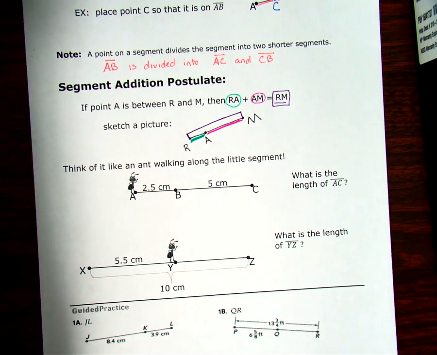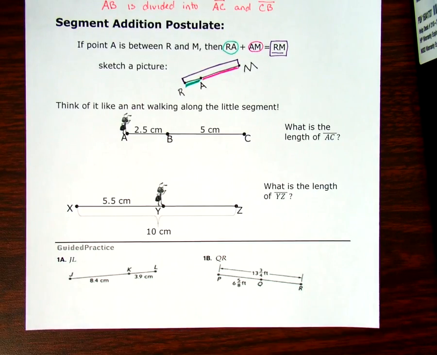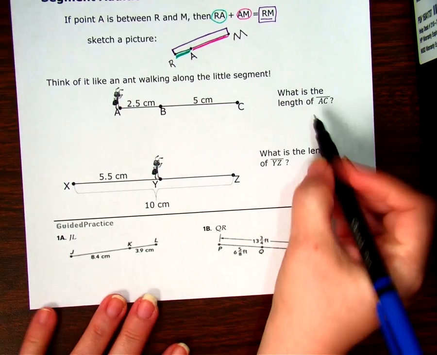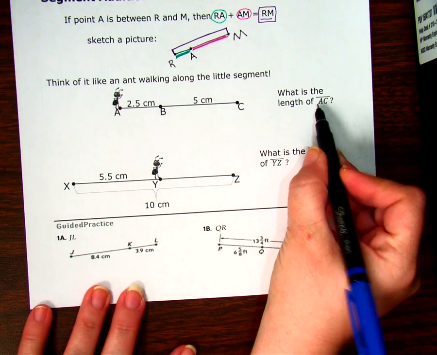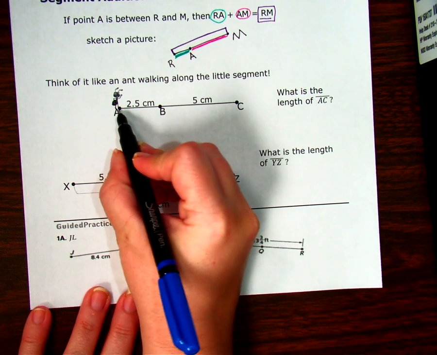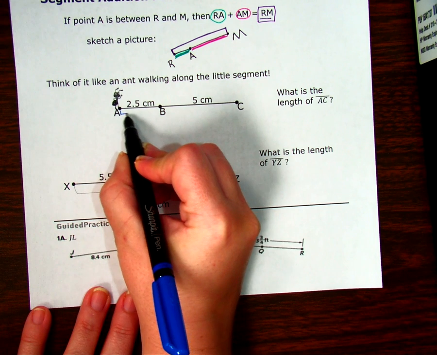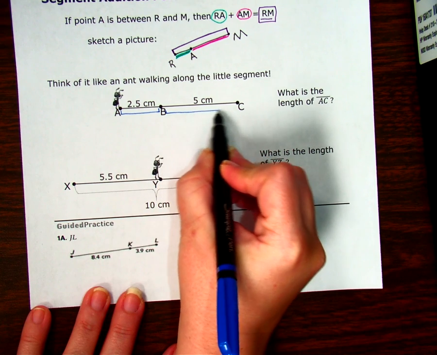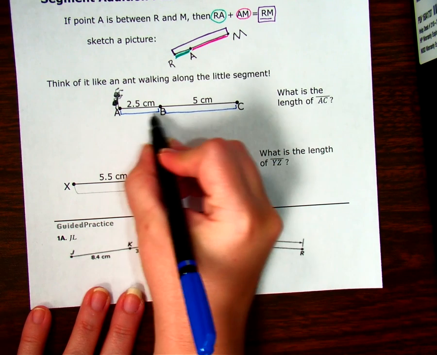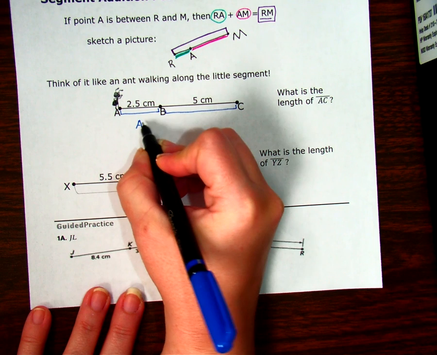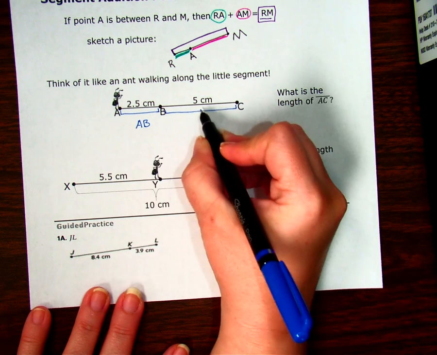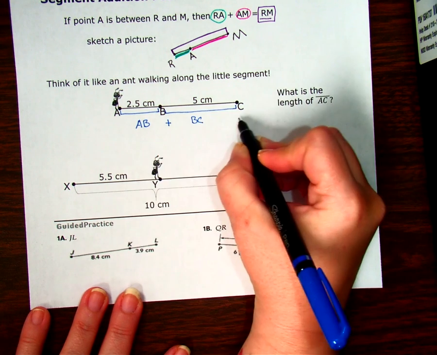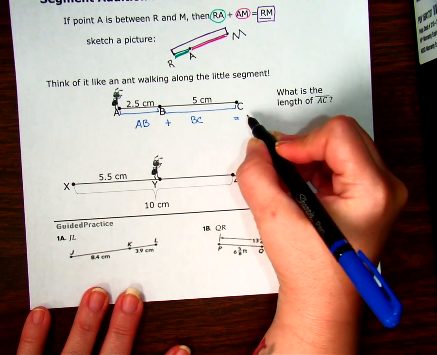Okay? And so I have a couple questions that actually show exactly that. It says, what is the length of AC? So of segment AC. So if I look, I can see that this ant is going to have to walk 2.5 centimeters. Then he's going to have to walk another 5 centimeters. So we're going to have to take the distance that he walks for AB and the distance he walks for BC, and we're going to add those together to find out the whole length AC.